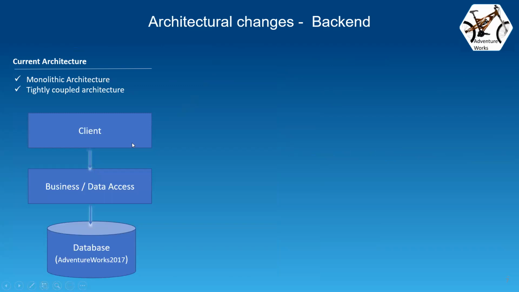So here is the current architecture. I'm just assuming that this is the current architecture. We have a single database in our organization, one business layer, meaning all the business logic is developed in one monolithic interface, and we have a client.